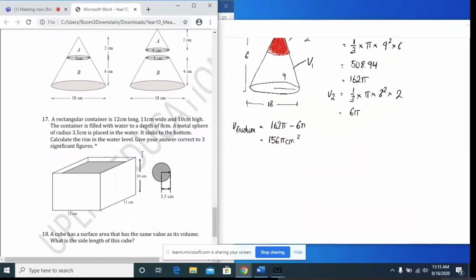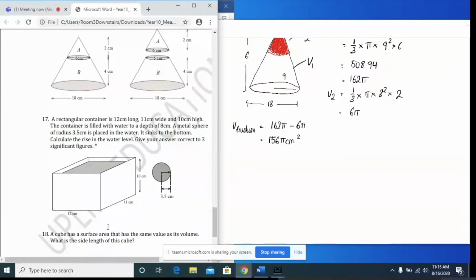Let's have a look at what's happening. We've got a rectangular container, and it's been filled with water. Now what you've done is you've put a sphere into the water, and we want to calculate the rise in water level.